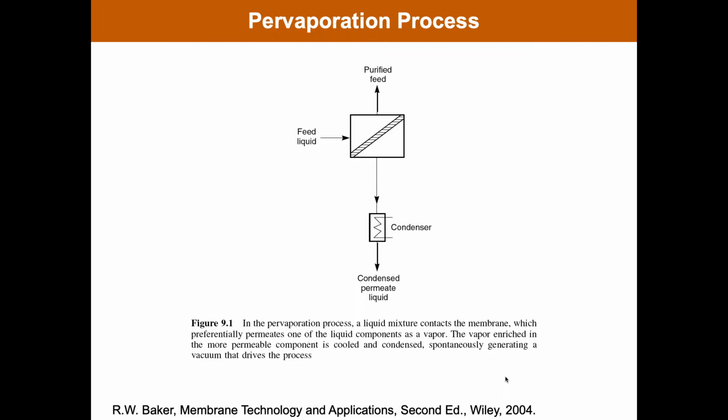It requires very little energy to pump a liquid, a lot of energy to pump a gas. And if you organize it such that this condenser is operating at cooling water temperatures, then you can perform this step at relatively low energy. And that's one of the advantages of pervaporation over things like distillation.